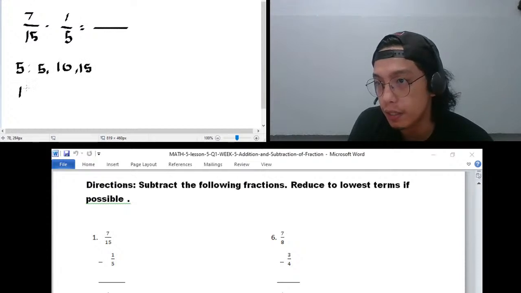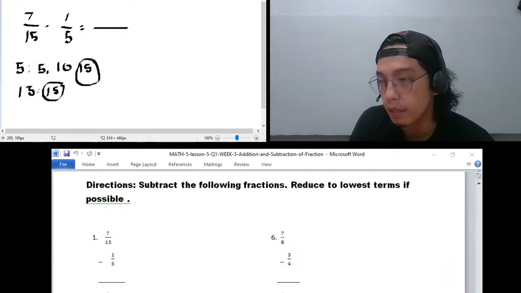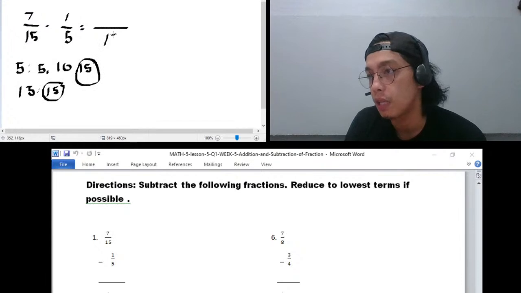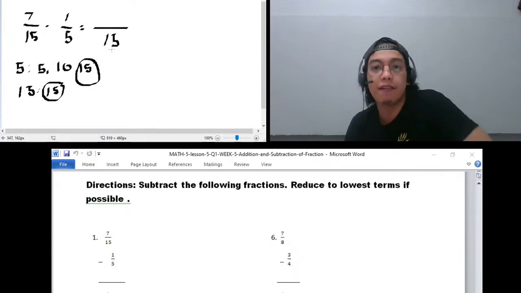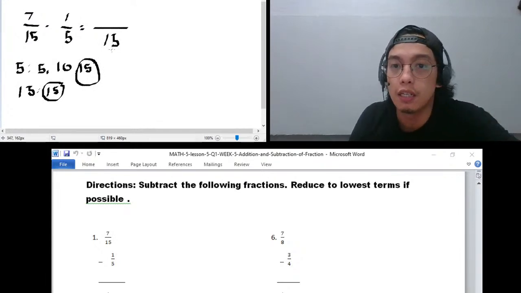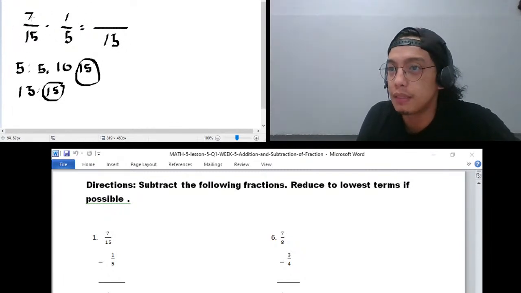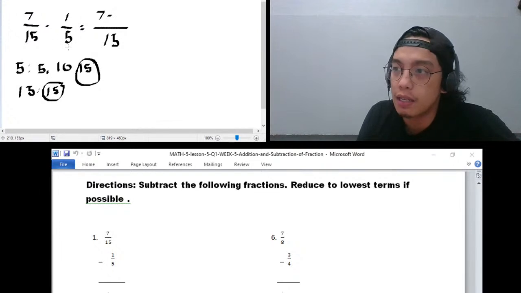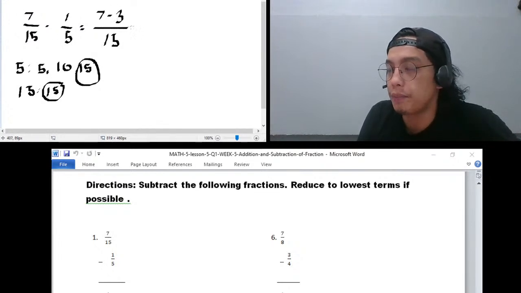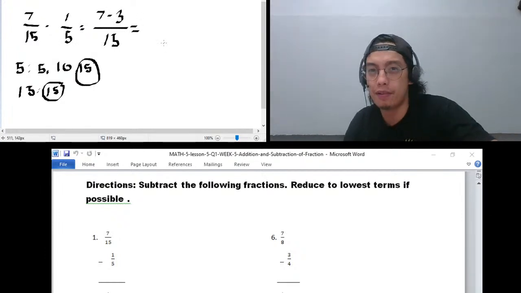And then 15, 15. And that's it. That's 15. Okay. So 15. Tong LCD. 15 divided by 15, the original denominator, kani siya, is 1 times 7, 7. Minus, because it's an operation, 15 divided by 5 is 3 times 1 is 3. Okay. We verify that first.